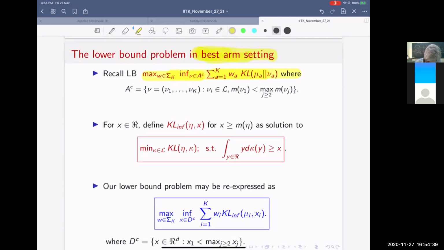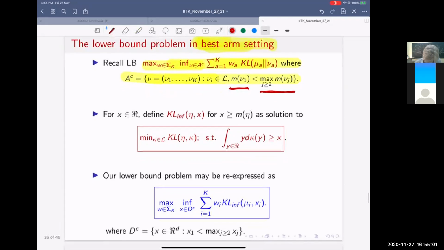So what are the alternative configurations? What constraints are they imposing? So this is my alternative set. All the vectors of distributions where the best first arm does not have the largest mean. So in reality, under mu, first arm has the largest mean. So in alternate configurations, it doesn't. Right. So I'm going to look at these.